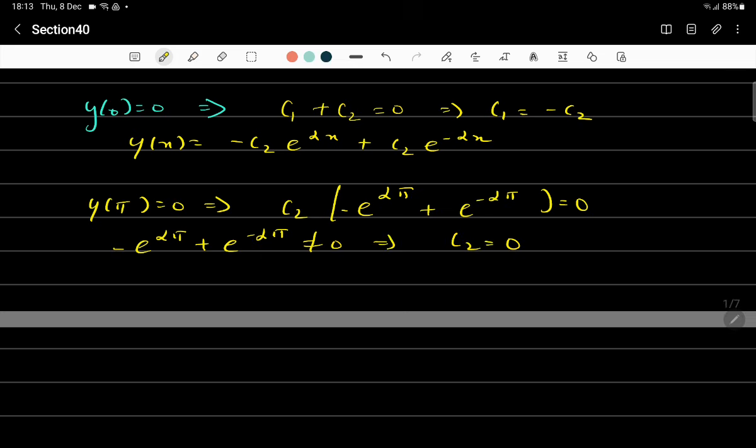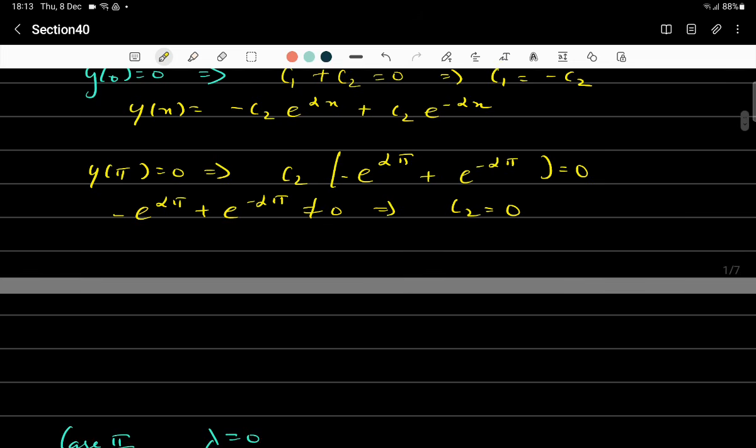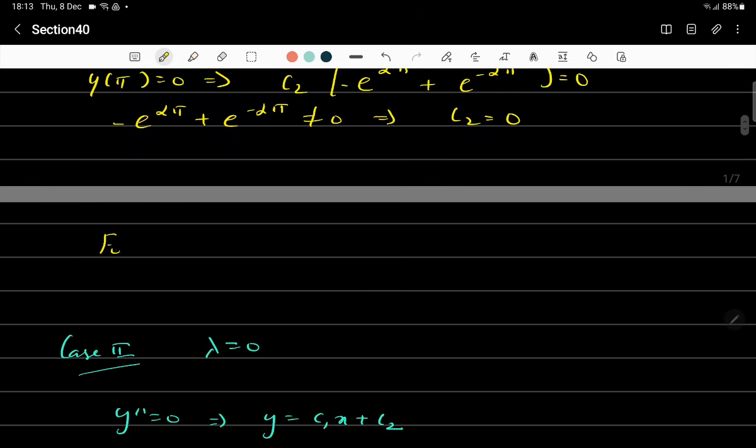That gives me c2 equal to 0. Since c2 is 0 and c1 is 0, it means for lambda less than 0, we get trivial solutions only. But we are looking for a non-trivial solution.